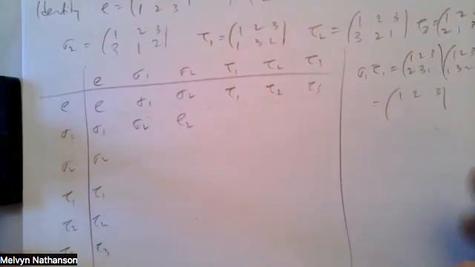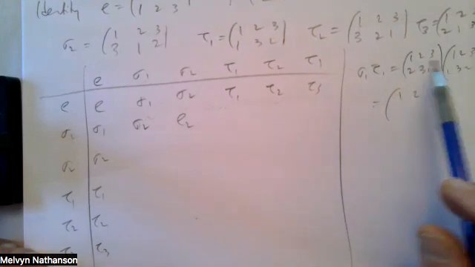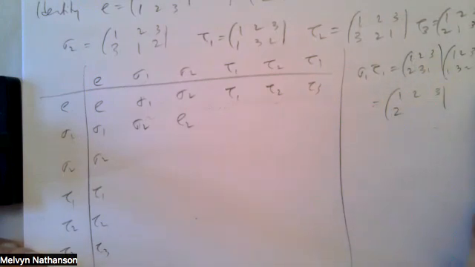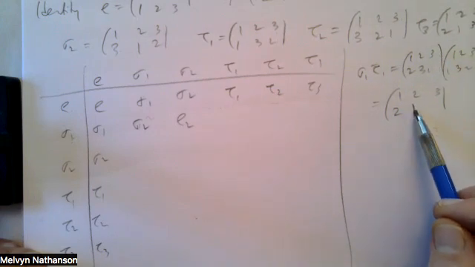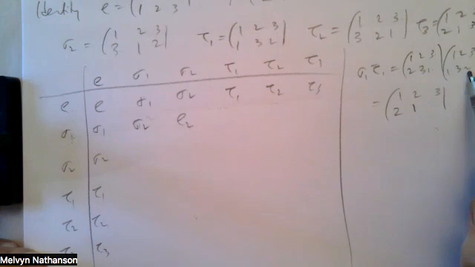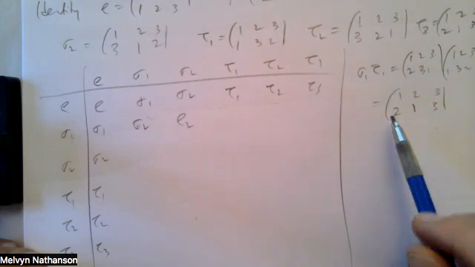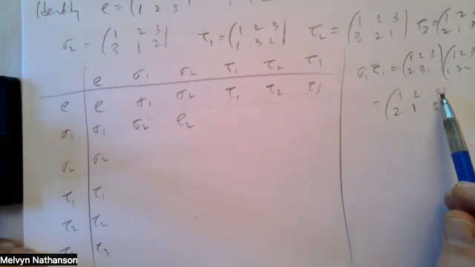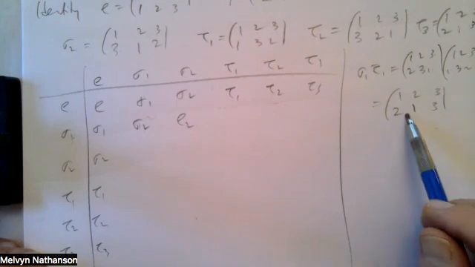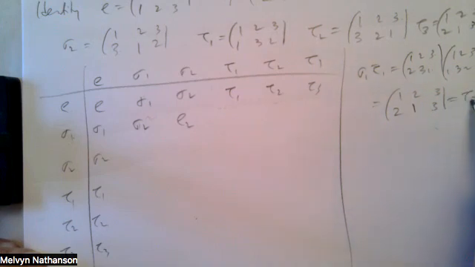Permutation is a function and multiplication is composition. This sends 1 to 1, and then 1 goes to 2. 2 goes to 3, and then 3 goes to 1. 3 goes to 2, and then 2 goes back to 3. So this is the permutation where 3 doesn't move, but 1 and 2 are interchanged. So that's tau 3.